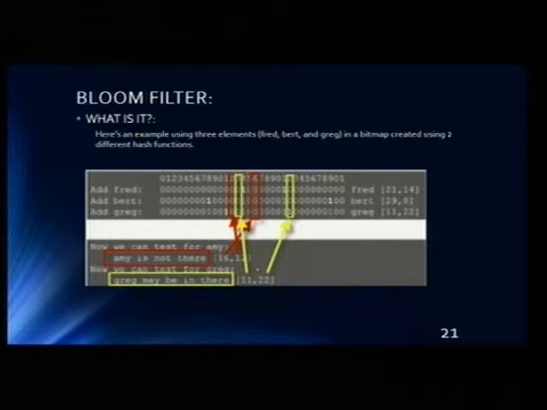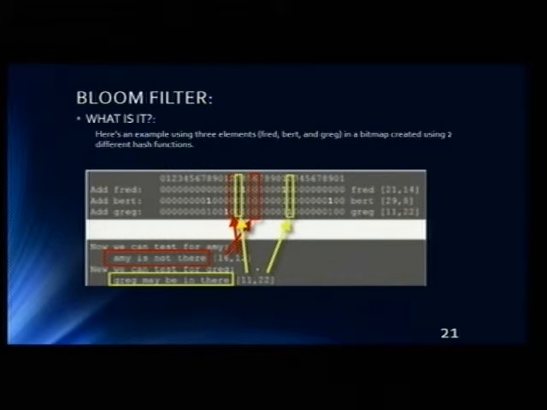And then when we need to look up an element to make sure it's in there, we just have to check. As you can see, Amy is the next test case. You can see that in 16 and 12 there is no 1, so we can say that Amy's not there. The second test case is Greg.